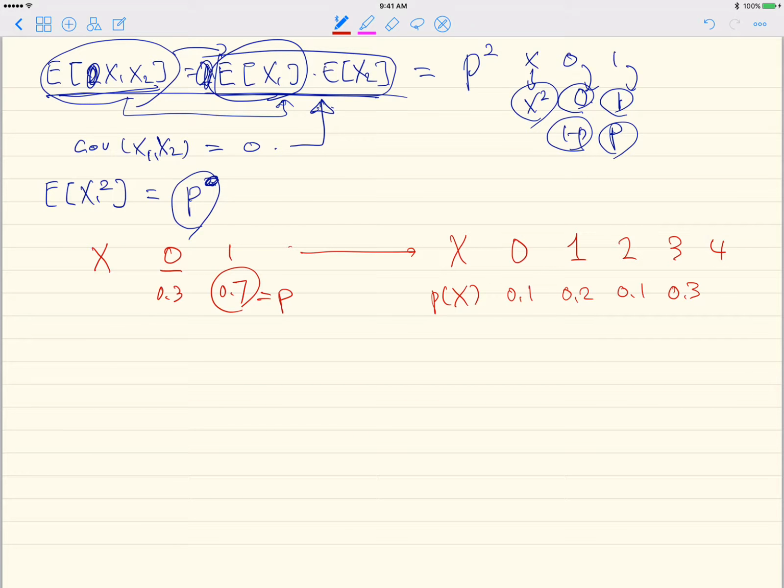Let's see, 0.3, right? So this is again a multinoulli distribution. You pick one value out of these possible values, and each of them has its own probability value.